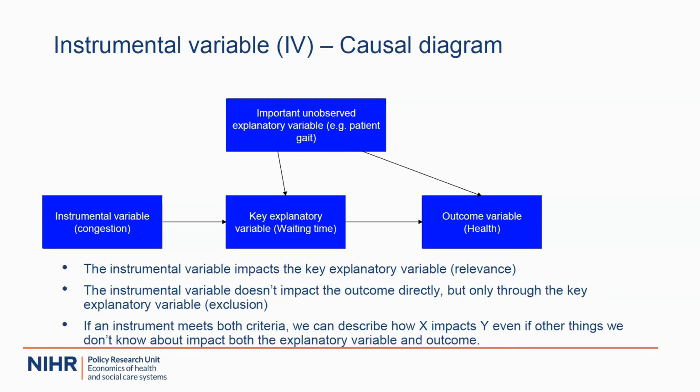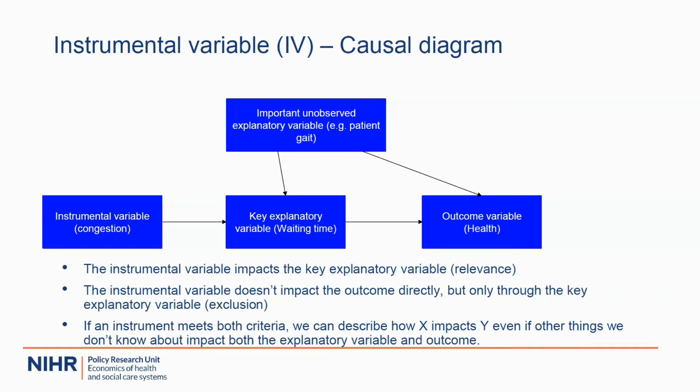Sorry, I'll go back one step. We have various things which we account for. There are some things which we can't see, which could affect both waiting time and the outcome. So the example in this case we used was patient gait. That is how we walk.